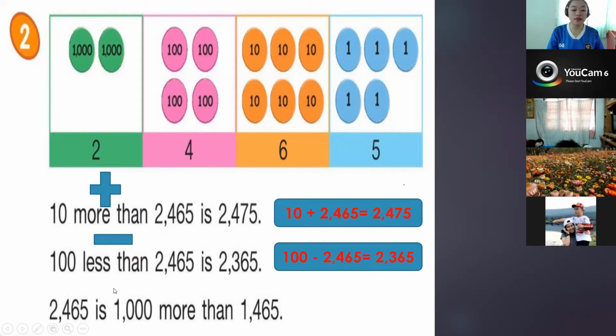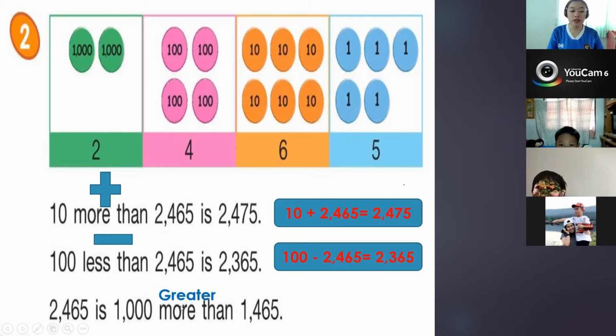Okay, so next is statement. We have 2,465 is 1,000 more than 1,465. Okay, so that statement here, we have 1,000 more than. It means greater than 1,465.